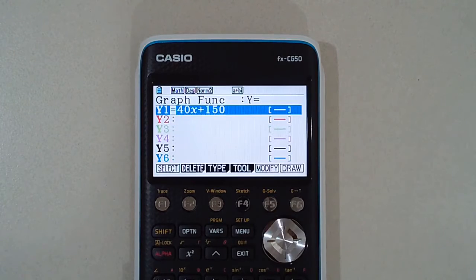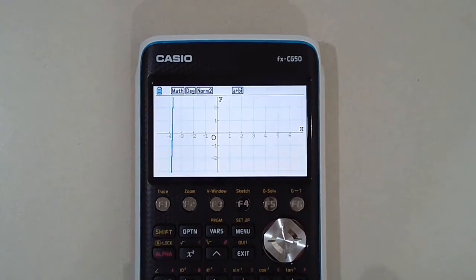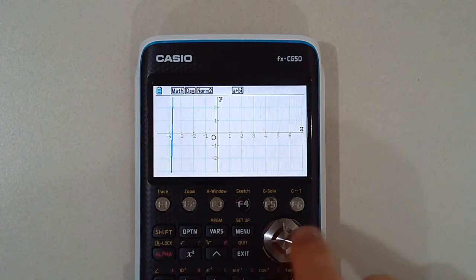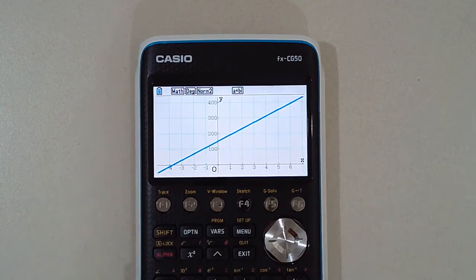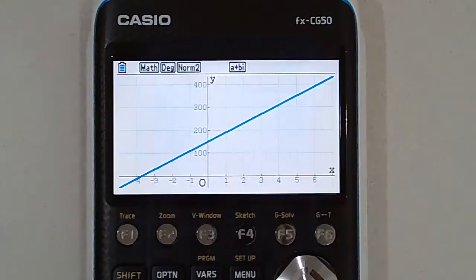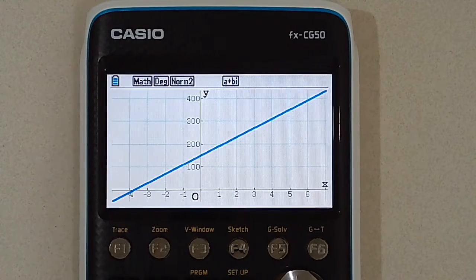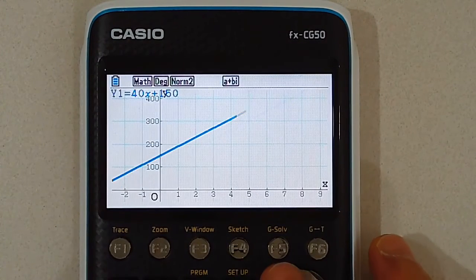Now let's graph that. If I press the draw button here, let's see what happens. I'm going to zoom out there, and there's the equation of our linear function. I might just zoom in a little bit there so you can see what's going on.